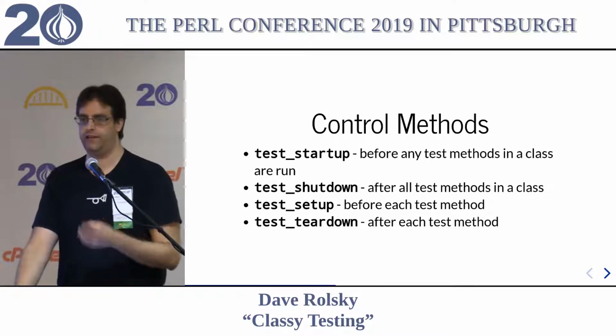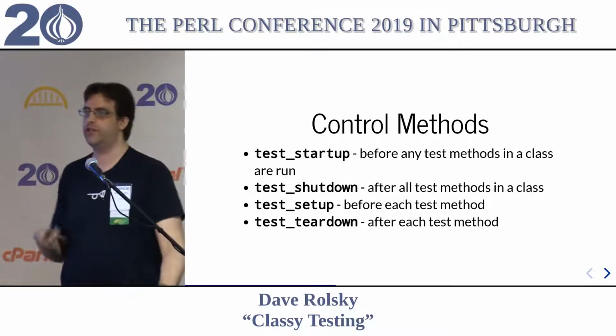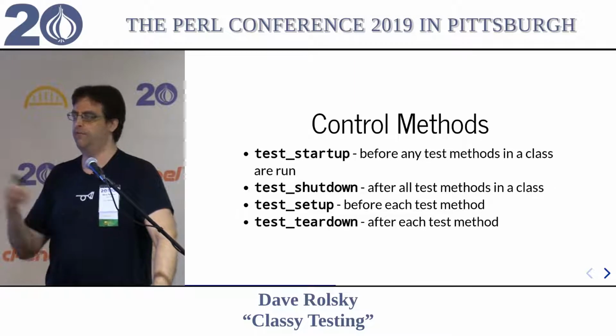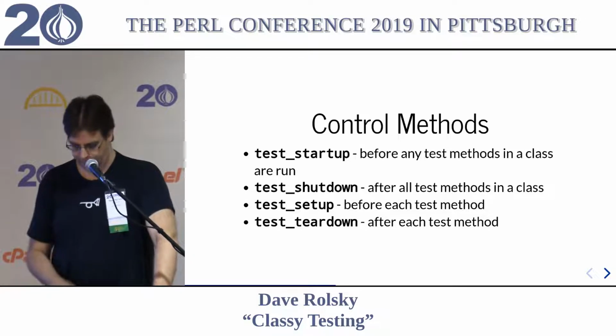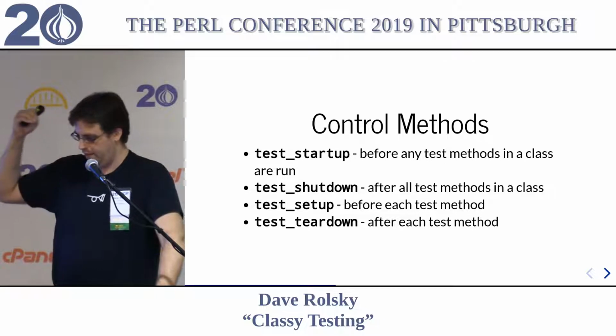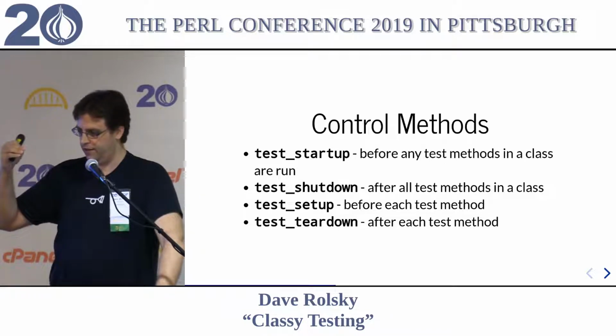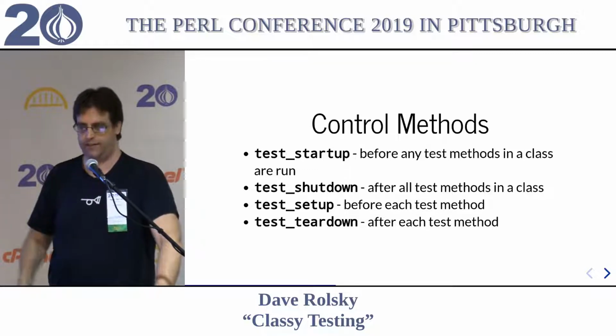And then we have setup and teardown that are before and after each method. So if you need to do some sort of fixture setup or preparing a temporary directory on the file system to test with, whatever you want, you can do it with these methods. You can define these in multiple classes and they run for that class. Does that make sense?